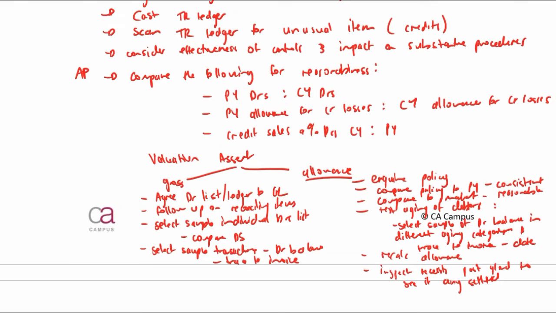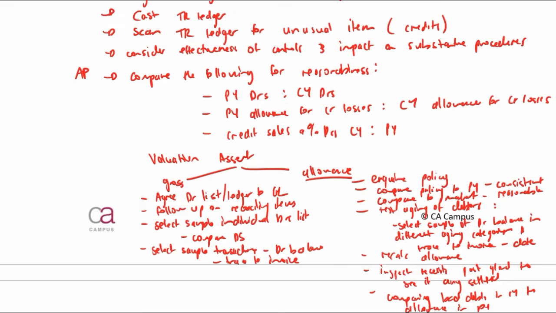Another way I can test whether the allowance is reasonable is by comparing the bad debts in the current year to the allowance in the prior year. So I can just see if the way of determining the allowance is reasonable.